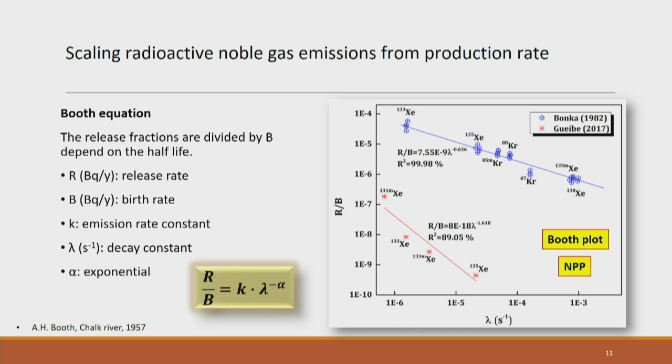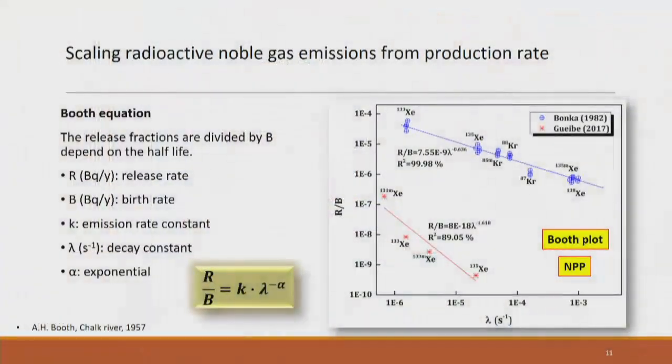These blue signs are for old NPPs, which were measured in 1969, and it has a slope of 0.636.